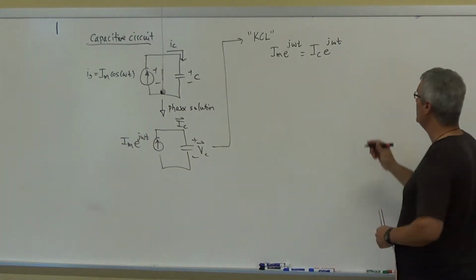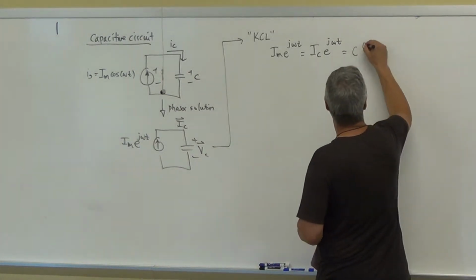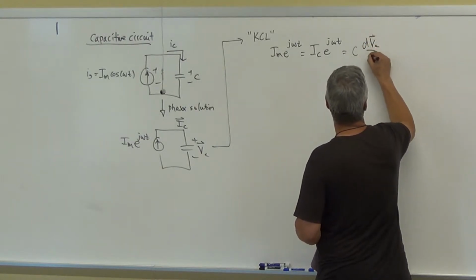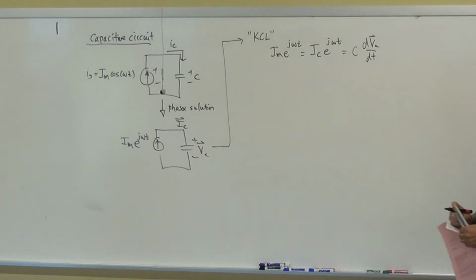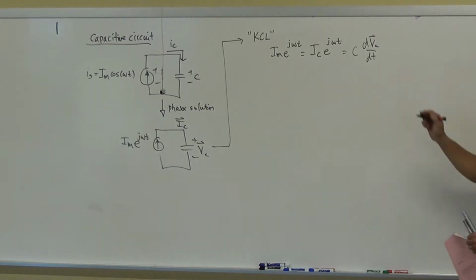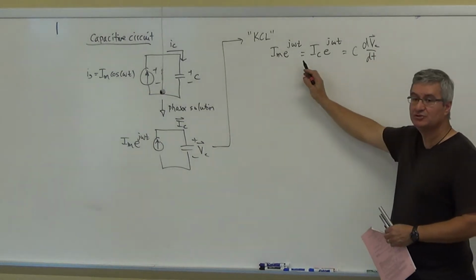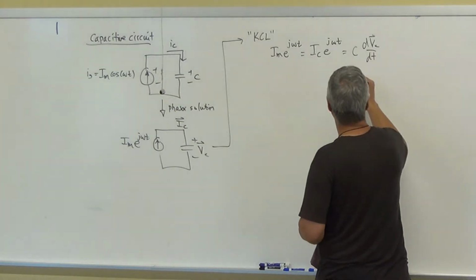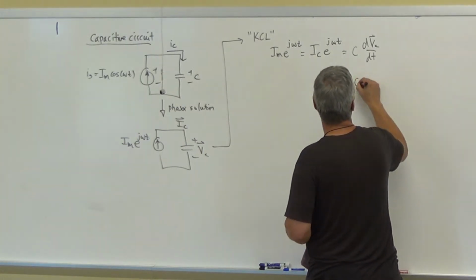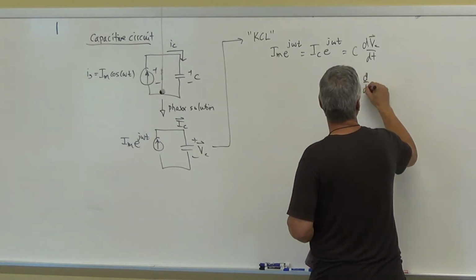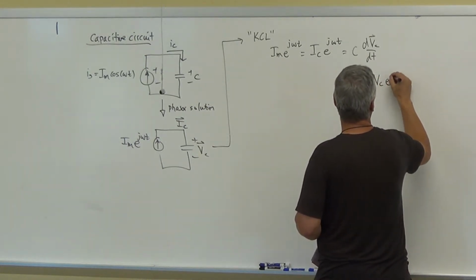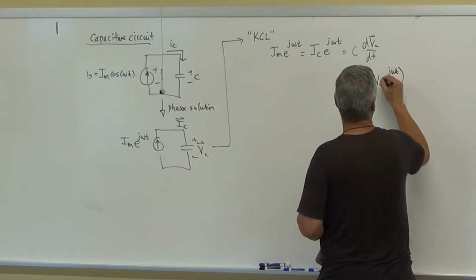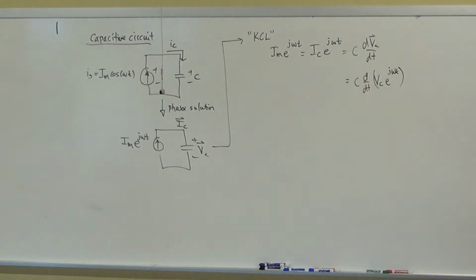But wait a minute, what do we know about the current of the capacitor? It's related to the voltage of the capacitor. But the voltage should also have a solution of this form. So if I look at this guy then, I could write that this is going to be C, and I'm going to take the derivative of the voltage of the capacitor, V_C e^(jωt). V_C is of course constant because it's just an amplitude.